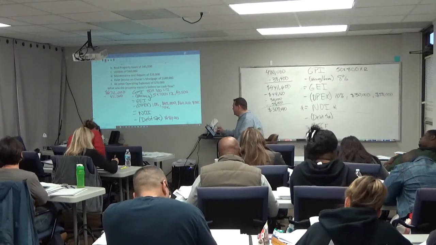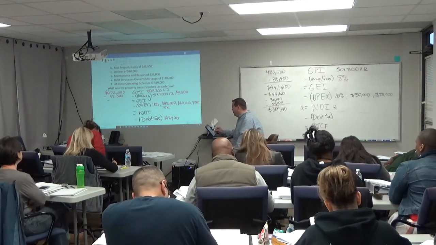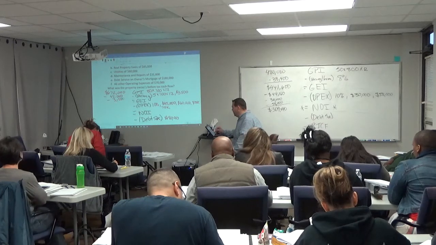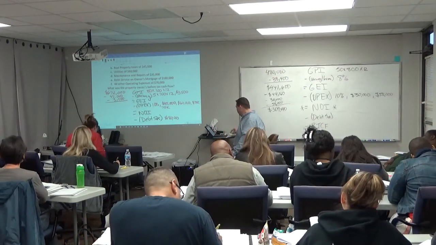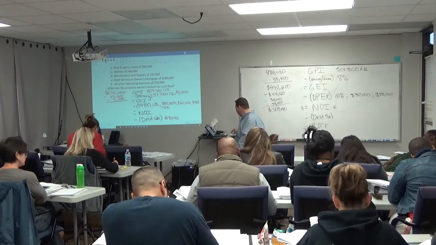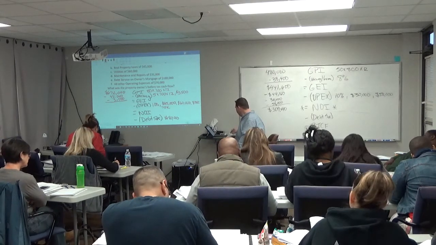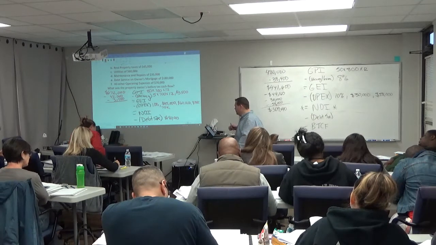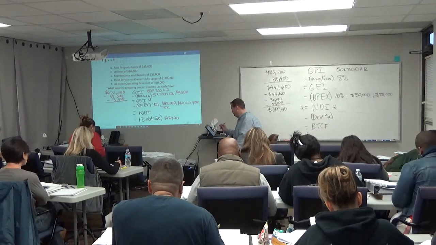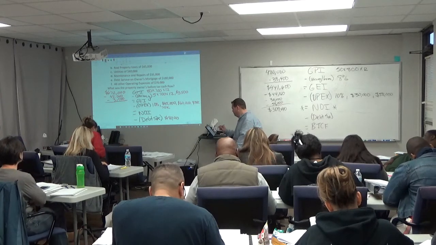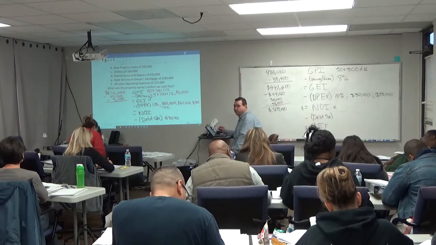And what else am I subtracting out? That $3,500 in losses we had. So that gives me a gross effective income of $626,500. Is that right? $626,500 for gross effective.